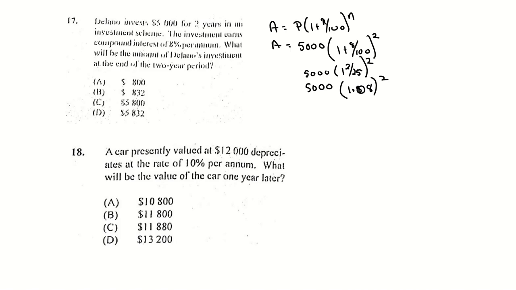To the power of 2, I'll just be honest, I don't like this method. 5,000 multiplied by 1.1664 will give you D as your answer. I don't particularly like this question, especially since the power of is very tedious to do in your head.